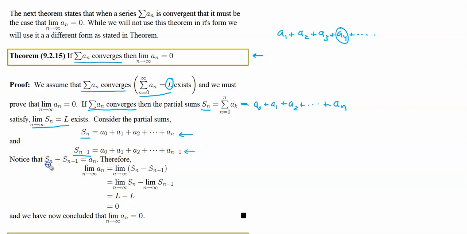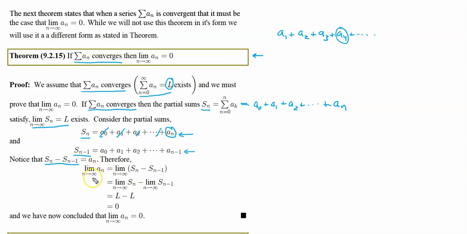If you subtract s sub n minus 1 from Sn, you'll get cancellation with everything except this last an term. All of these a's will cancel out through the an minus 1 term, and we'll be left with this. So Sn minus Sn minus 1 is equal to a sub n.